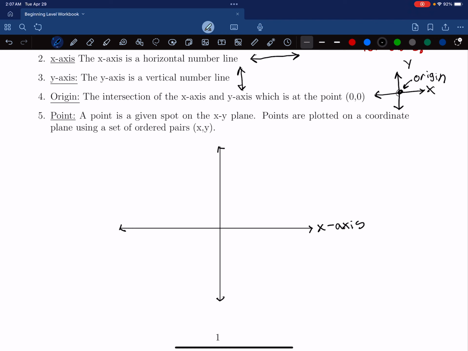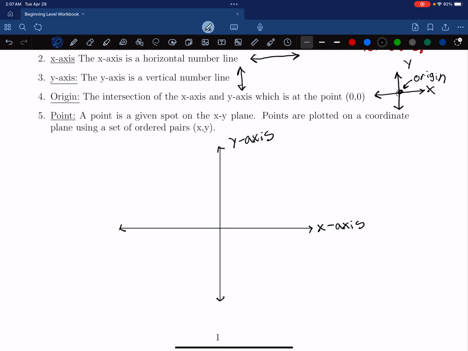And then this vertical number line here, remember, that is our y-axis. And these arrows are indicating that this arrow here specifically, for example, is indicating that this number line is going up forever to infinity. And then this part here is going down forever to infinity. This arrow is saying we're going to the right forever, and this arrow here is saying we're going to the left forever.